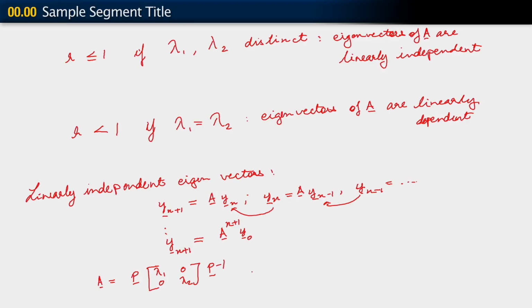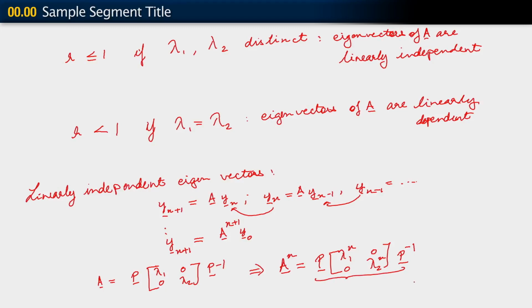As a result, from this we get A to the power n equals P times lambda 1 to the power n, 0, 0, lambda 2 to the power n, P inverse.